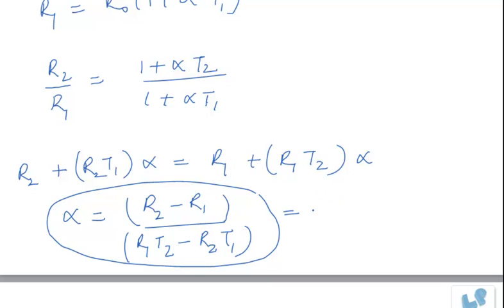Now if the change in temperature is very less, then this delta R, which is actually much less than R naught, can be written as delta R. And since R1 and R2 they do not vary much, we can write it as R naught. R1 can be written as R naught and R2 can also be written as R naught, and we will get change in temperature delta T. Okay.